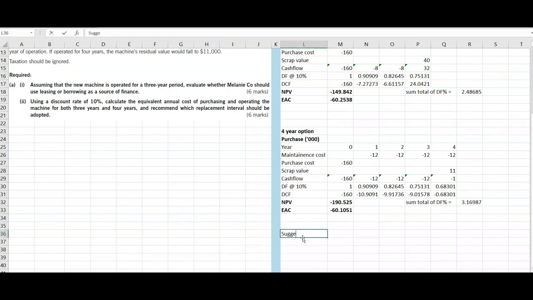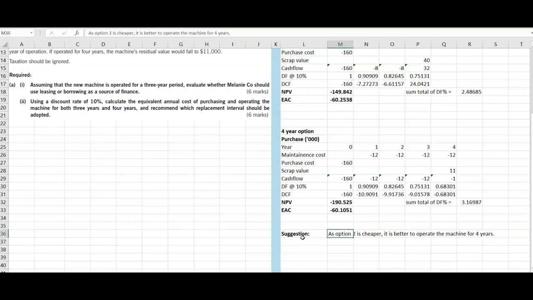So we'll start from the suggestion. As option 2 is cheaper, okay, we are working everything in terms of cost, it is better to operate the machine for 4 years.